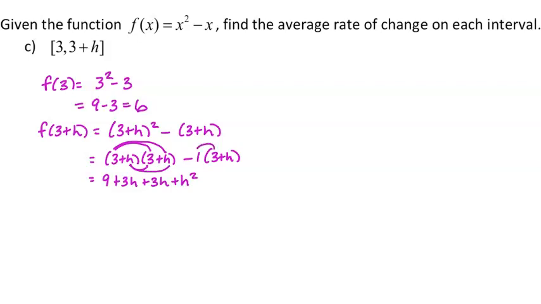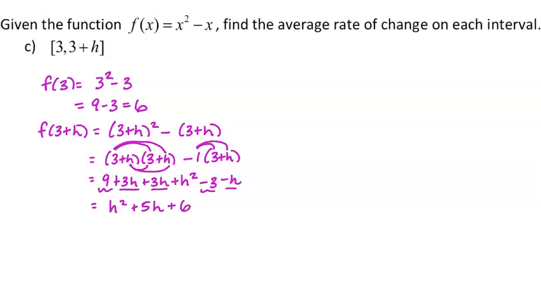And then distributing our -1, we're going to have minus 3 and minus h. We can combine some like terms here, so we have an h squared. 3h plus 3h minus h gives us plus 5h. And then 9 minus 3, we have a plus 6.